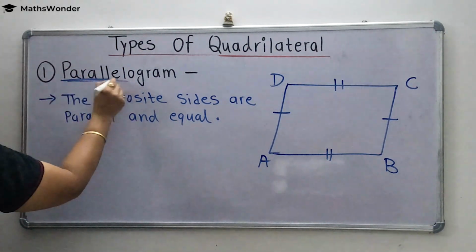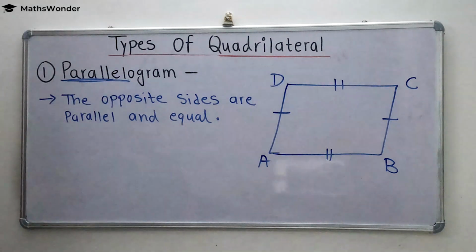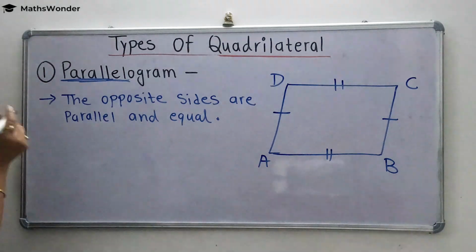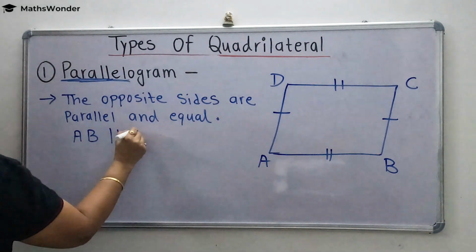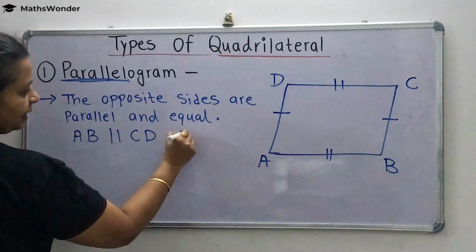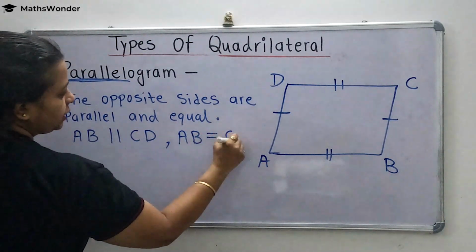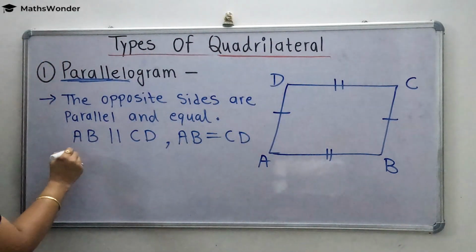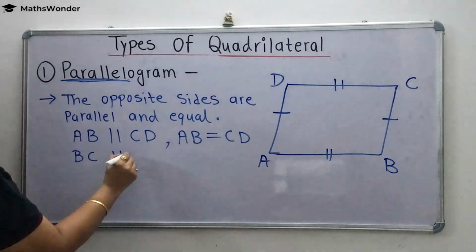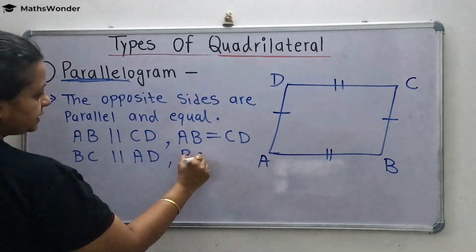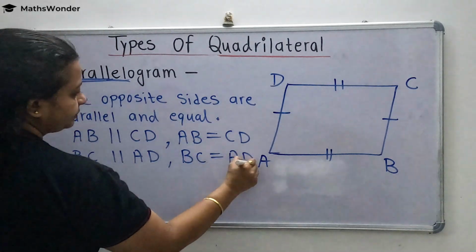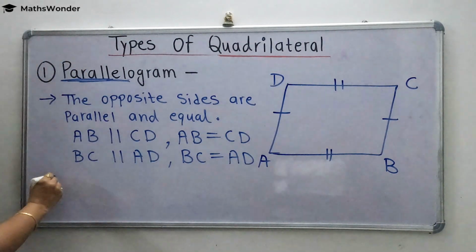So in a parallelogram, the opposite sides are parallel and equal. How will you write it? You will write AB is parallel to CD and AB is equal to CD also. Same, BC is parallel to AD and BC is equal to AD. Got it? The first property.